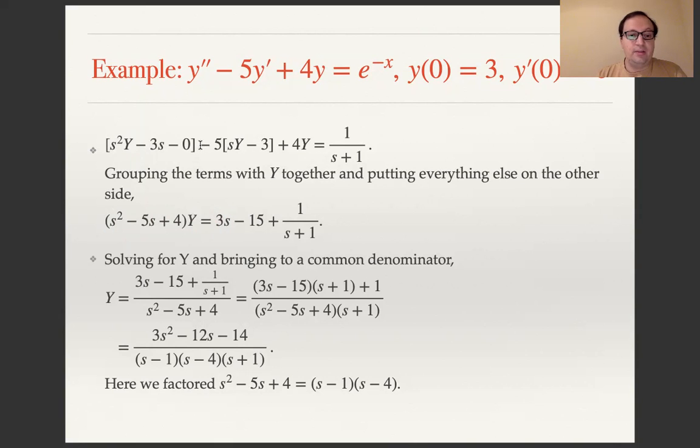And then minus 5 times minus 3 is 15. When it goes to the other side, it becomes minus 15. And 1 over s plus 1. So on the other side, we have 3s minus 15 plus 1 over s plus 1.